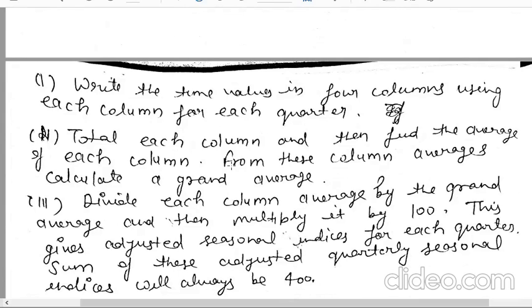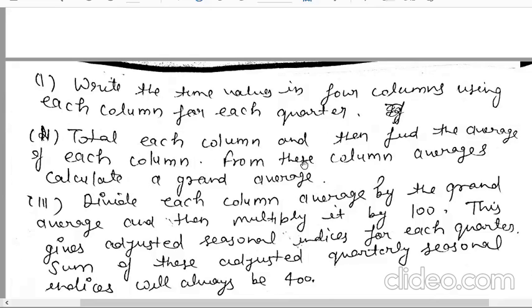That means if you have time values, you will divide them into 4 columns, and each column will be a quarter of the values, right? Quarter means one-fourth part. Second point: total each column and then find the average of each column. From these column averages, calculate a grand average.